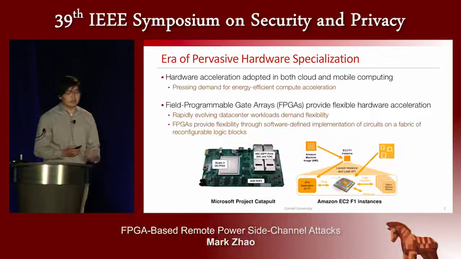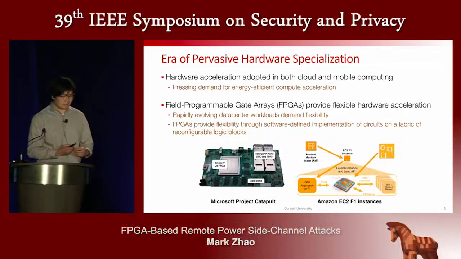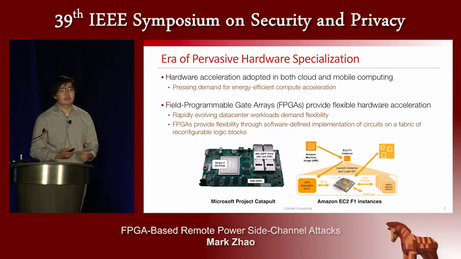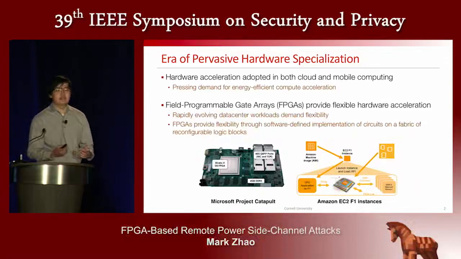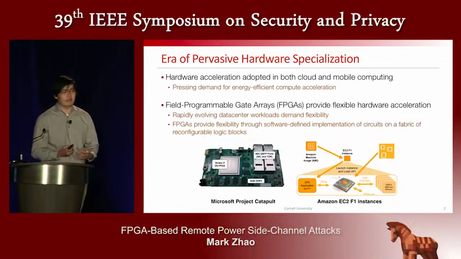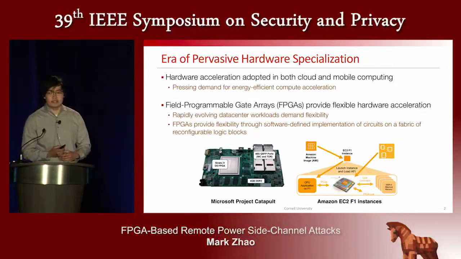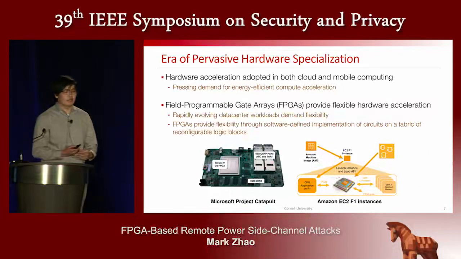So for example, two recent projects that came out are Microsoft Project Catapult, in which almost every new Microsoft server is integrating a field programmable gate array. And secondly, Amazon EC2 F1 instances, if any of you have used them, which allow public users to program their own device on a cloud-based FPGA.